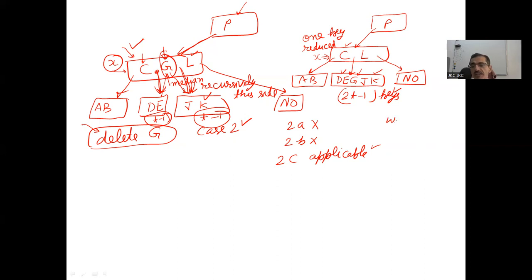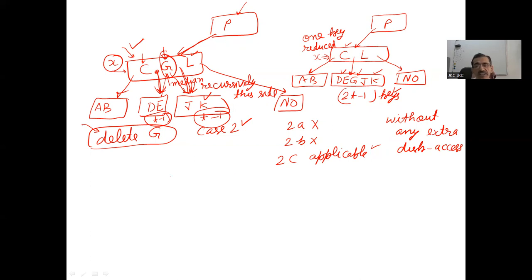Of course, it will require a disk write, but without any extra disk access. Disk accesses are needed, but extra will not be needed. So extra disk access is avoided, and we are able to do this merging.